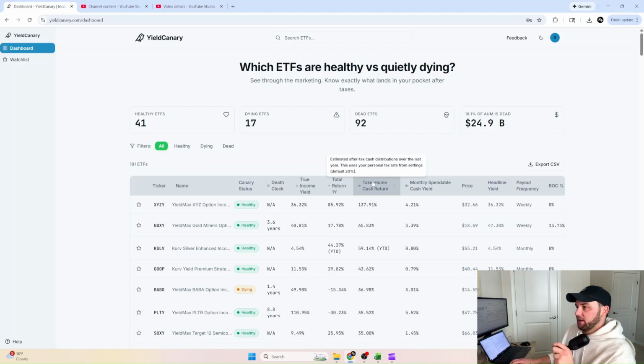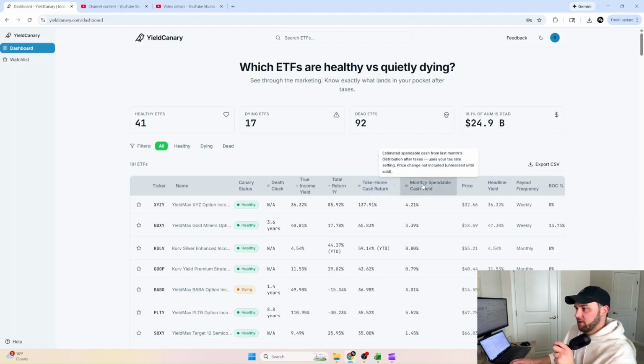And what this is showing is, over the course of the last year, how much dividend income you received percentage wise after tax, plus any capital appreciation with the ETF itself. So this is basically if you buy and hold and you spend the money, you're going to see what your take-home cash return is over the course of a year.